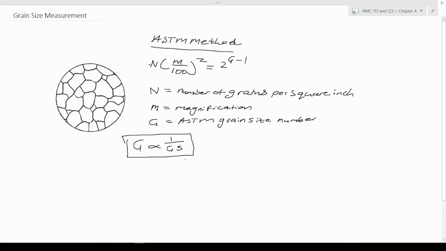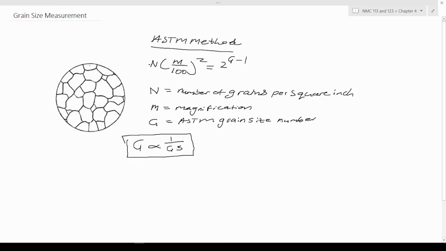Do you see that? So usually, if you look at the drawing on your left, you'll see that you have a specific number of grains within a particular micrograph, and this micrograph has a diameter.